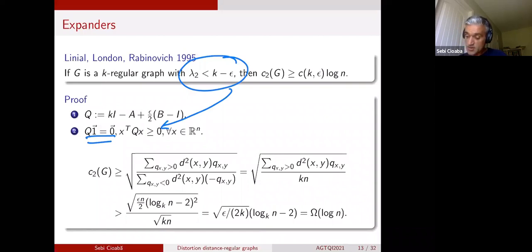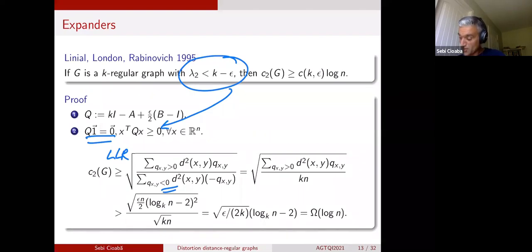And then you have a matrix that you can plug into that expression from Linial, London, and Rabinovich, and you get that C2 of G is greater than or equal to the square root of a ratio. But now you know exactly what you're summing up at the bottom. We don't even know the embedding, but I know I'm summing up over all xy that are adjacent.